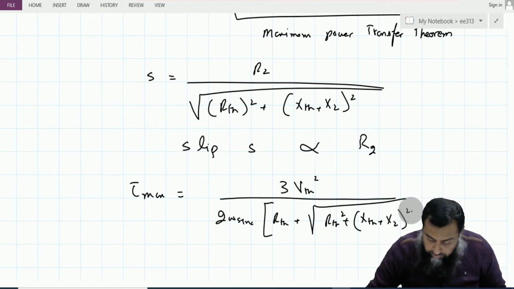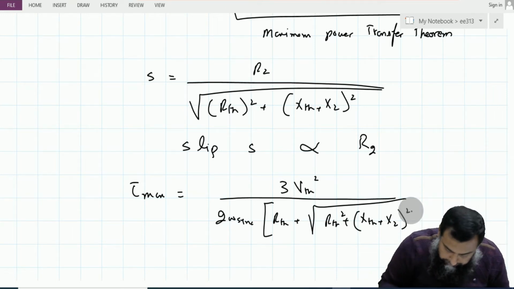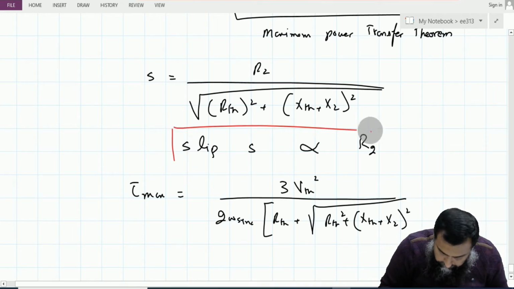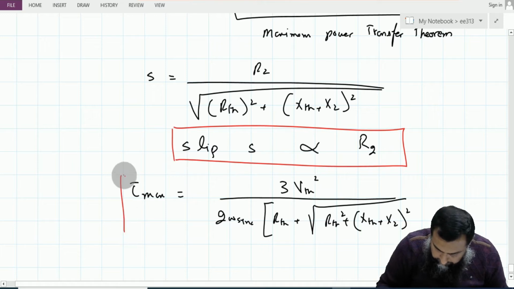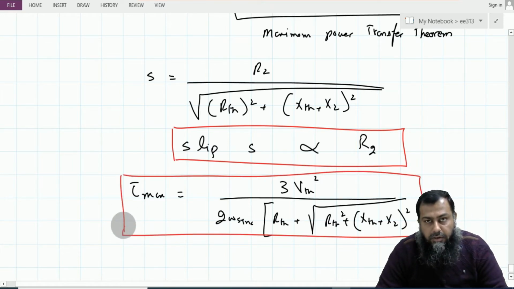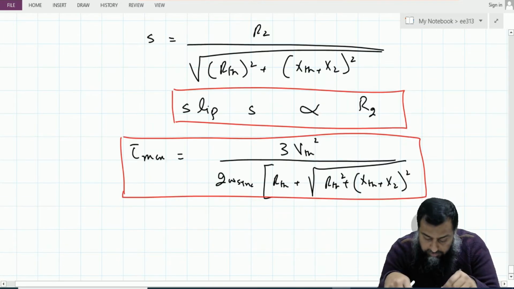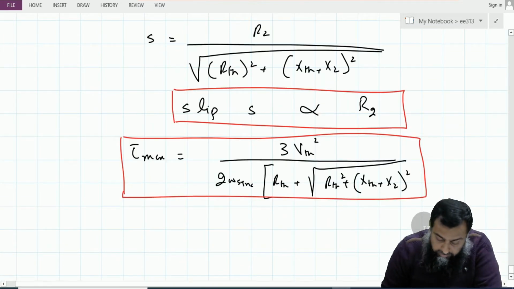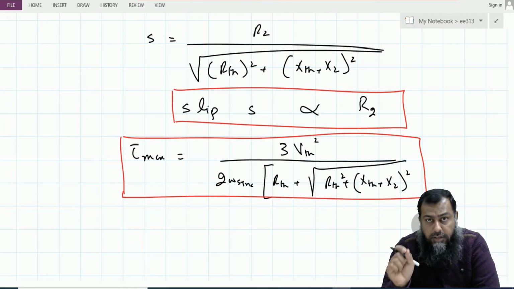Now these two expressions, this one and this one, are very interesting and provide a very good amount of knowledge about an induction motor. The first thing is that the maximum torque which occurs on a machine is independent of the rotor resistance.